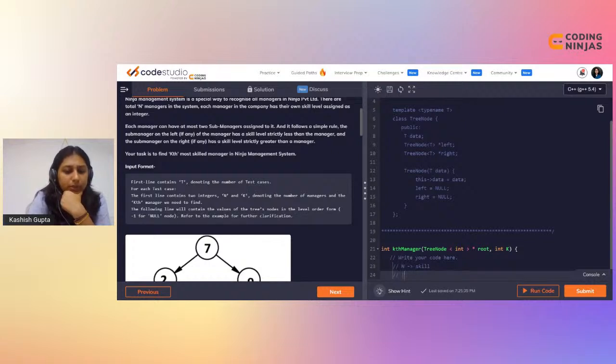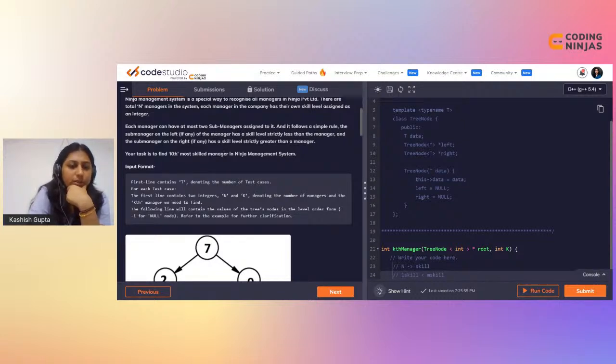The sub manager on the left of any manager has a skill level, L skill, strictly less than the manager. So let M denote the manager. The M skill is always going to be greater than L skill. And sub manager on the right, if any.